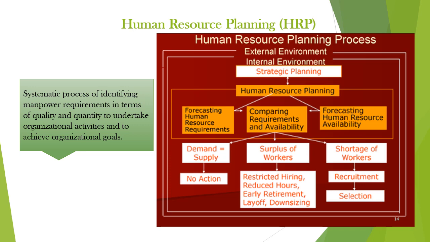So now if the requirements we have is enough, then we will not take any action. When we see differences, there are two options. Either there is a surplus or there is a shortage. If there is a surplus, that means we have more number of workers than required.